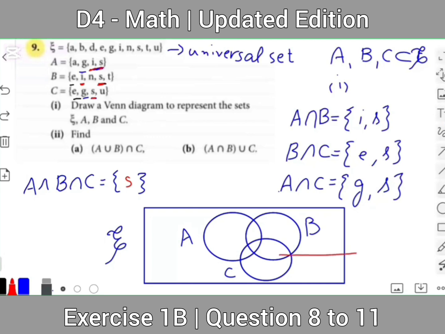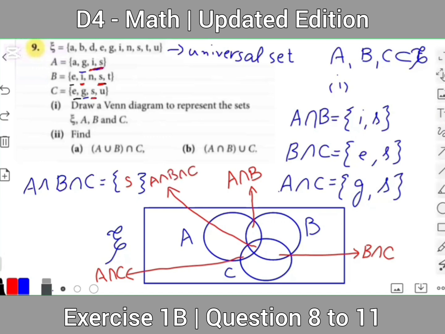This region is B intersection C. This region is A intersection B. This region gives us the information about A and B, but no information about the elements of set C. And this region is A intersection C. And the region here gives us the information about A intersection B intersection C.